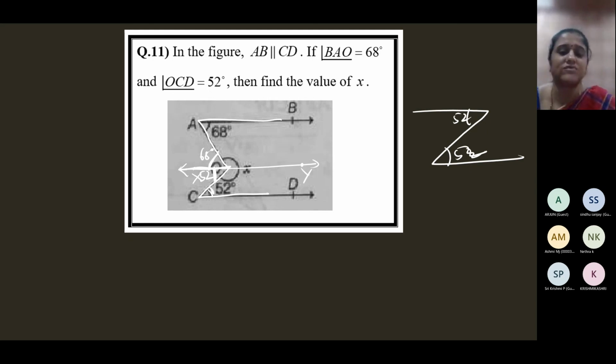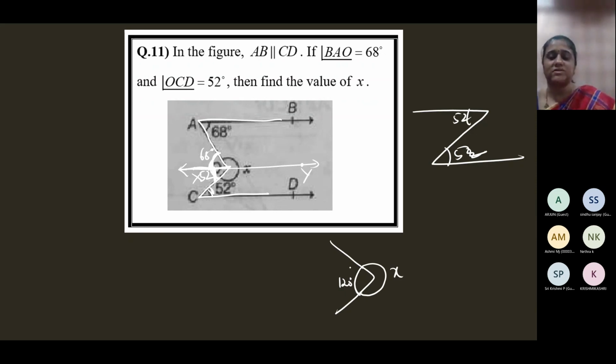Now, what is 68 plus 52? It is 120. So this full angle is 120, and the rest of it is called X. So you know that 120 plus X is equal to 360, because it is a complete angle.